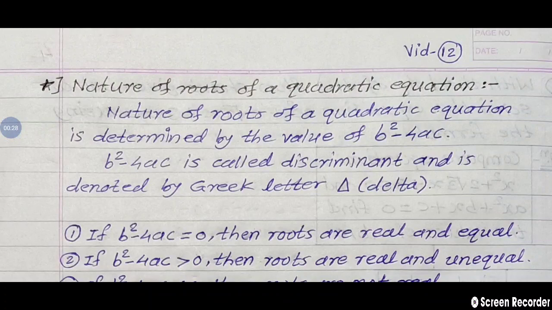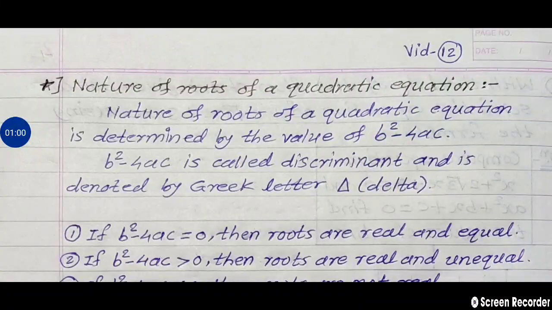That formula is x is equal to minus b plus minus square root of b square minus 4ac upon 2a. By using that formula, we find the roots of a given quadratic equation. In today's lecture, we will decide the nature of roots of a given quadratic equation.